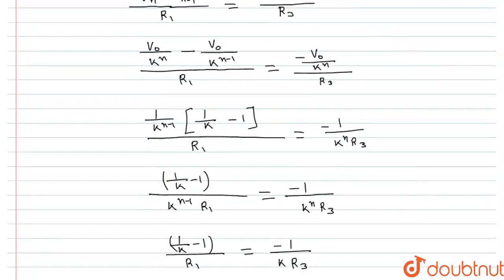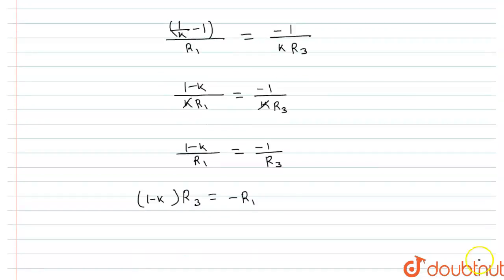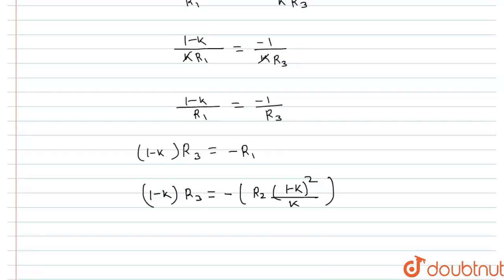Now this value we have to put here. So 1 minus k into R3 is equal to minus R2 into 1 minus k whole square divided by k. Clear.